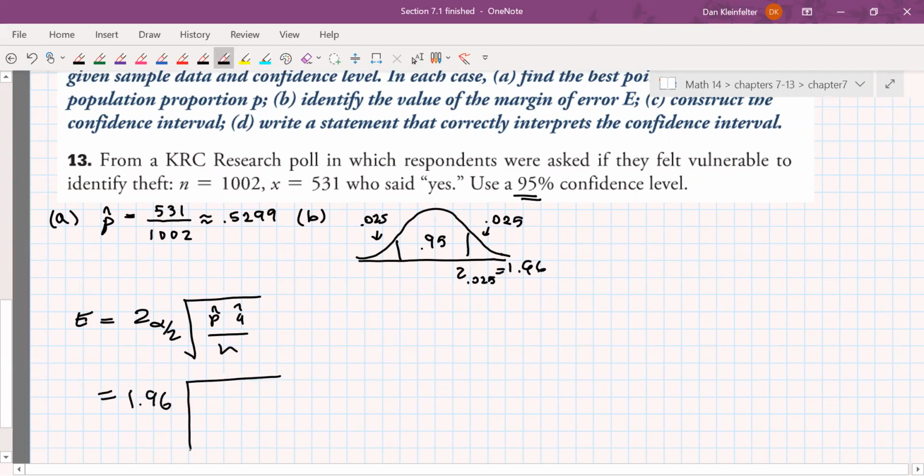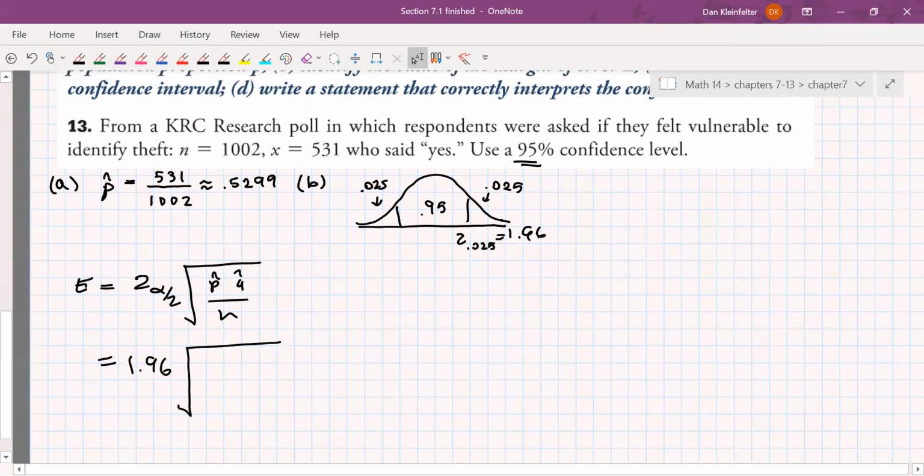We'll multiply that by this square root. P hat, 531 over 1,002, and that worked out to be 0.5299. And then we'll subtract that from 1 to get the Q hat, and that's 0.4701.